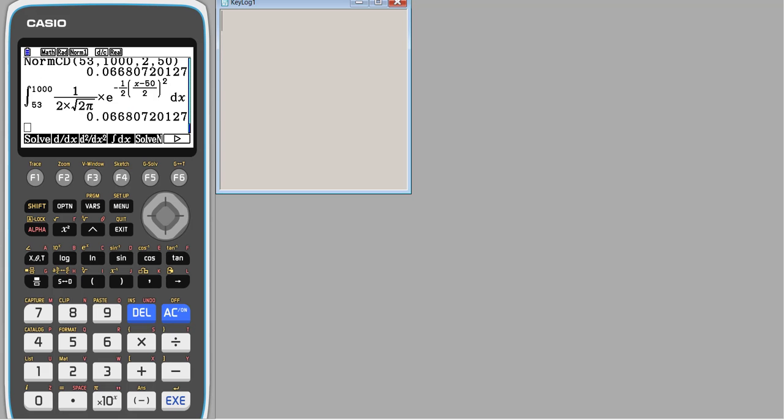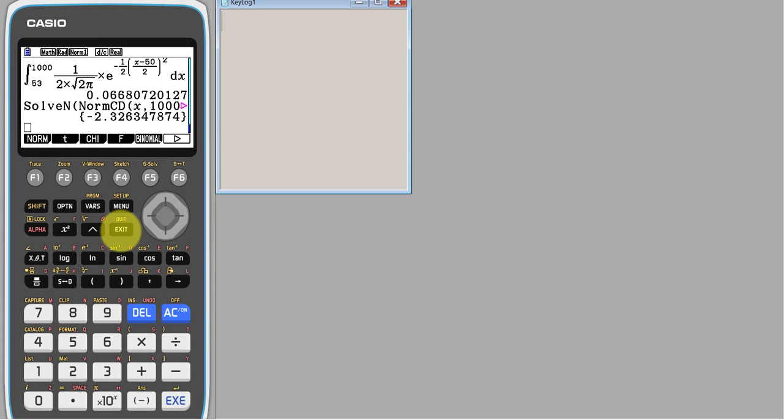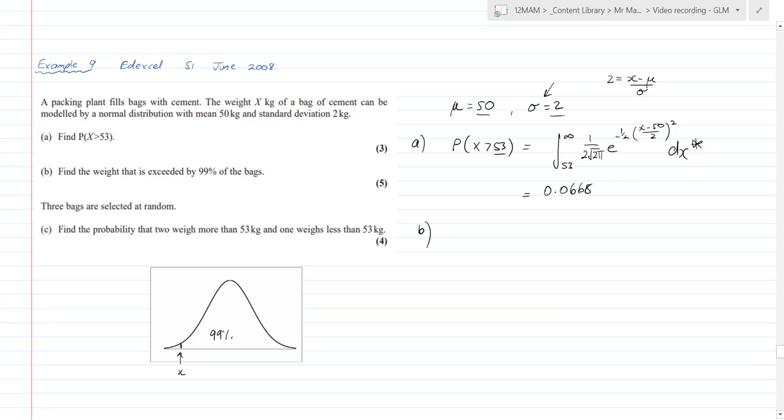If you use normal inverse distribution, that is one way of doing it. But if I do solve, exit, stat, distribution, normal CD, I want my lower bound to be X, and I want my upper bound to be infinity, which I'm going to call 1,000, and I'm going to do it for 1, 0. So I'm calculating a Z score now, and I want that to be equal to 0.99, and then I put comma, solve that for X, close brackets, and that should give me an answer, negative 2.3263.